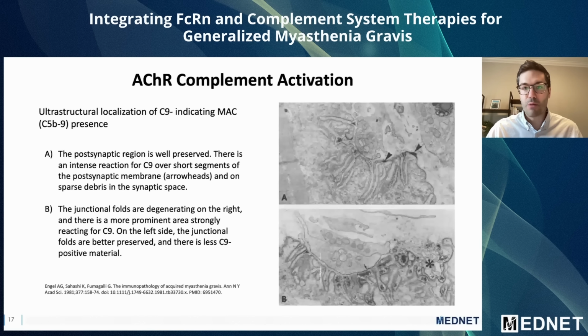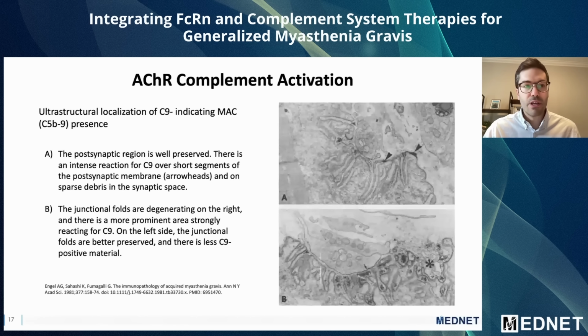So with complement, we have known for a long time that complement has been involved in myasthenia gravis. This is a figure that I pulled out from Dr. Engel's research. Dr. Engel has been a pioneer in the field. This paper was from 1981, showing the complement activation in myasthenia gravis.